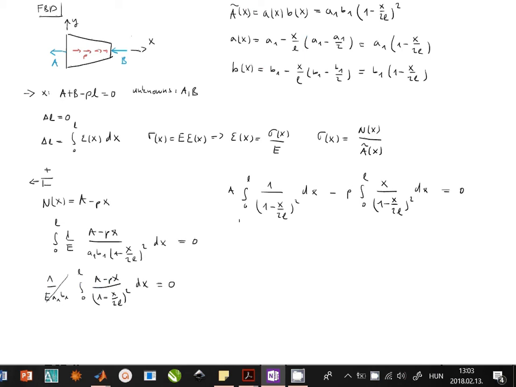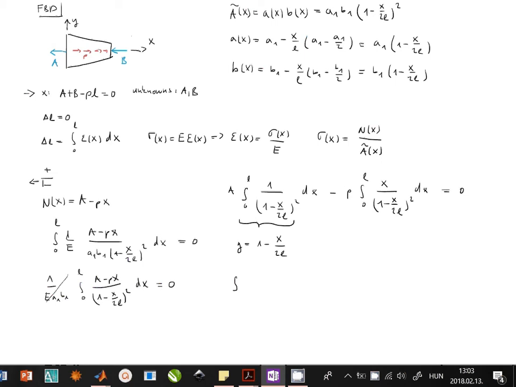Let's deal with the first part. We cannot recognize any well-known primitive function for this expression under the integral, so our guess would be to make a substitution. Let's introduce a new variable y for 1 minus x over 2L.